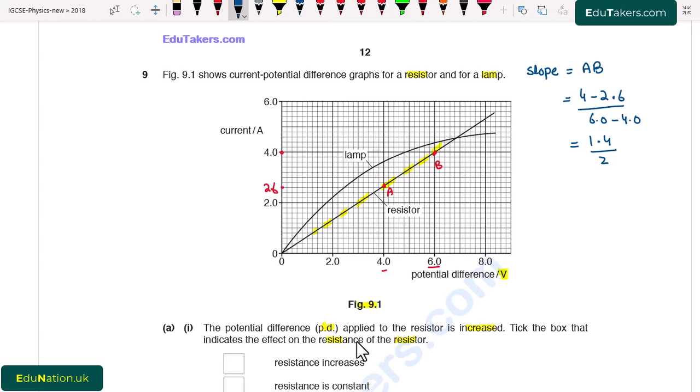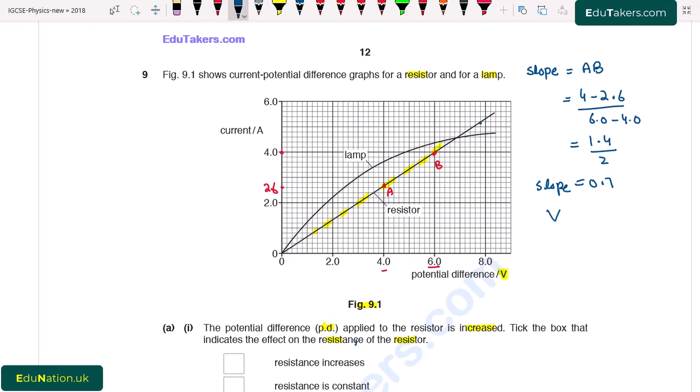And when I divide this, it comes to be 0.7. So the slope of this is equal to 0.7, and it simply shows that when I increase the potential difference, current also increases, and in between any 2 points, when I find out the slope, its value remains same. So the resistance is constant, that is according to Ohm's law.